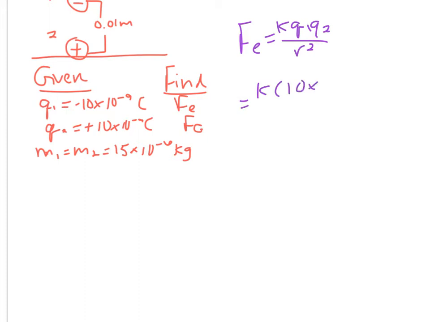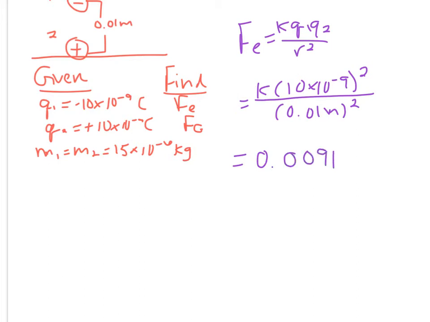So this would actually just be 10 times 10 to the negative 9th squared, because multiplying Q1 and Q2, which are the same number, will get us a squared, divided by 0.01 meters squared. This comes out to 0.009 newtons. So that's the electric force.